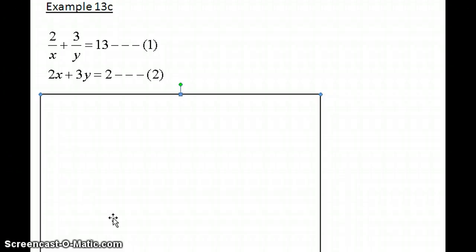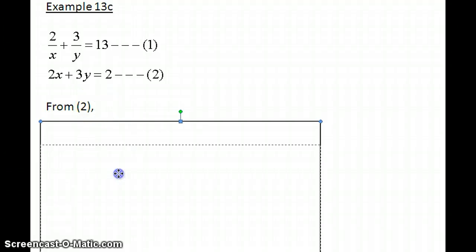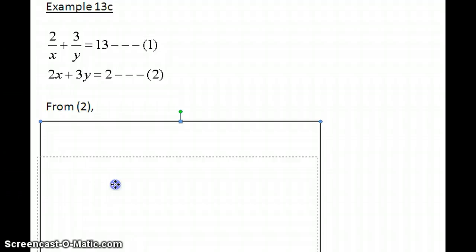In equation 2, both x and y have coefficients 2 and 3 respectively. So it doesn't matter whether you want to make x or y the subject of the equation. What I actually did was, from equation 2, I decided to make x the subject of the equation.